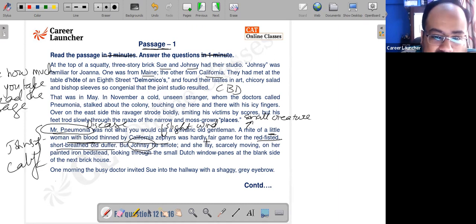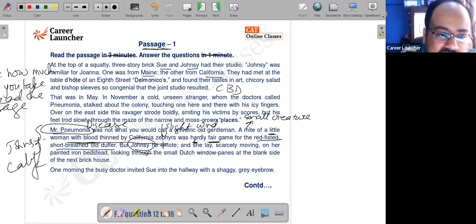So it says was hardly fair game. What does fair game mean? Fair game means that when there is a competition, if both the sides are equally good, then it is known as a fair game. But here it says that this woman was hardly fair game. That means that Mr. Pneumonia was much stronger than the woman.